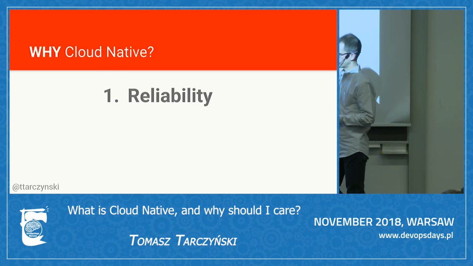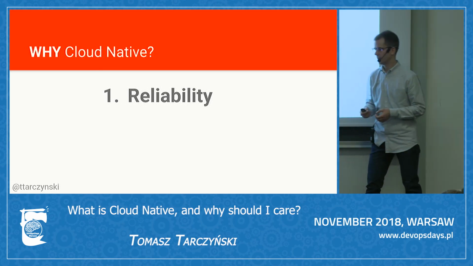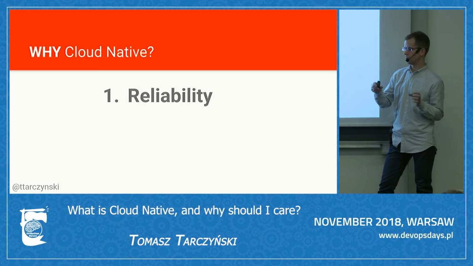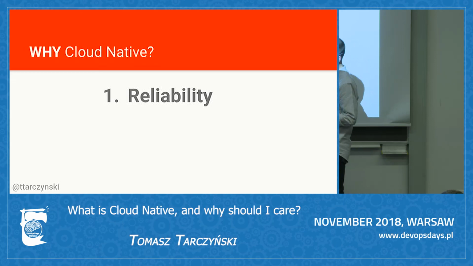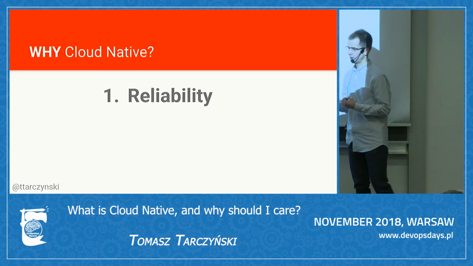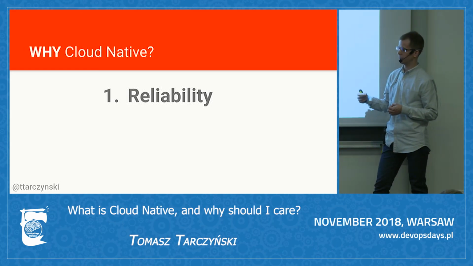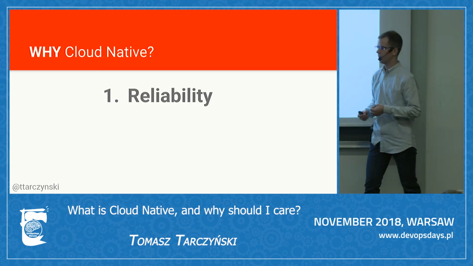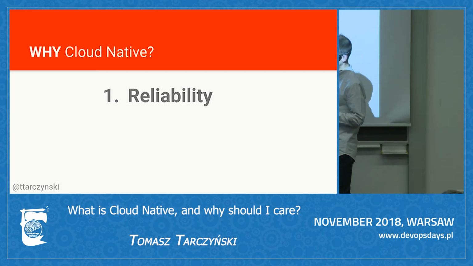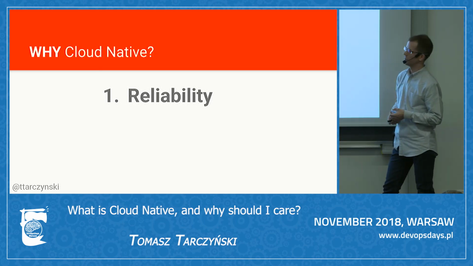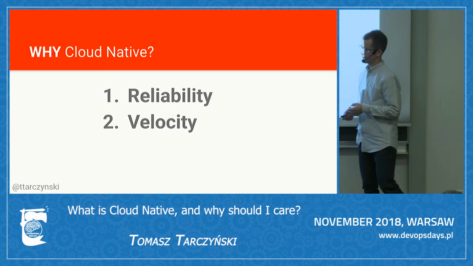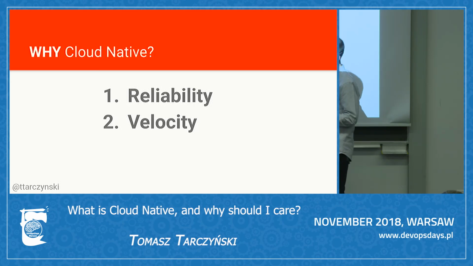And also, what's good, we can have an autonomous system managing our applications and infrastructure. So it means that it can react to failures of individual components and do that without human intervention required. So this would be the first big win. Another, of course, velocity.